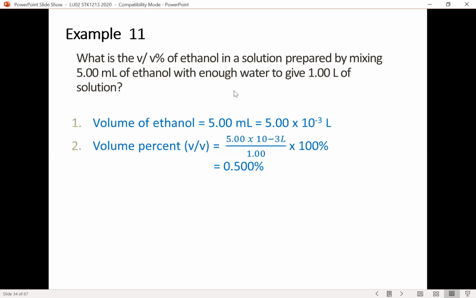So you need to find two things. First, the volume of solute, which is 5 ml of ethanol, and the volume of solution, which is 1 liter. However, you have difference in the unit of the volume. You need to convert it into the same unit, either ml convert to L or L convert to ml. So you have to calculate based on the same unit, and here you get 0.5 volume to volume percent.